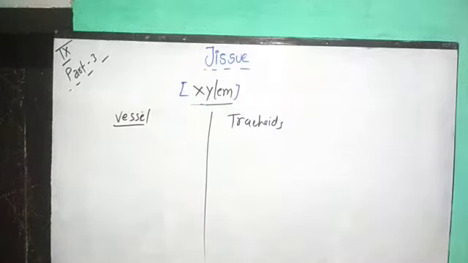As I told you by its diagram, the striation, or band-like structure, is actually the vessel. Striation means that there are more cells available over there. But what about tracheids? There is only one single cell, but they contain more pits as compared to that of the vessel.